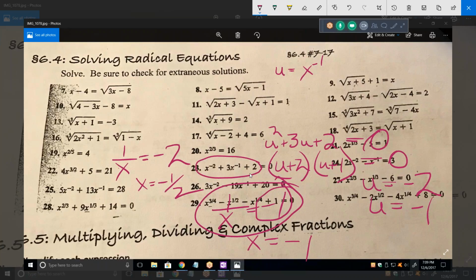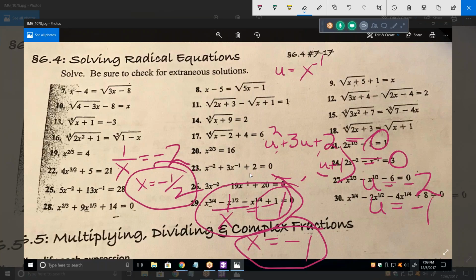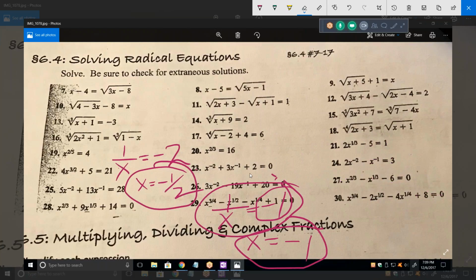So our answers are x equal minus 1/2 and x equal minus 1. And that's this problem 23. So let's check both of those solutions.